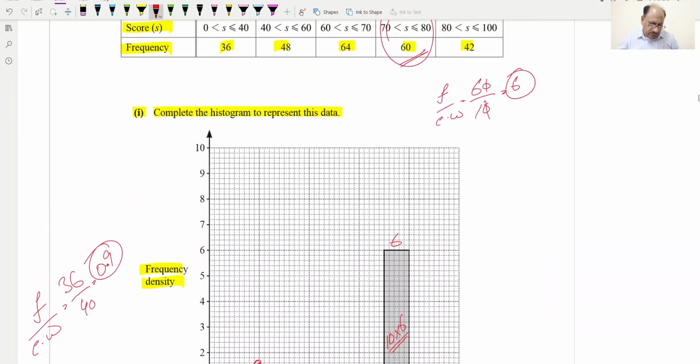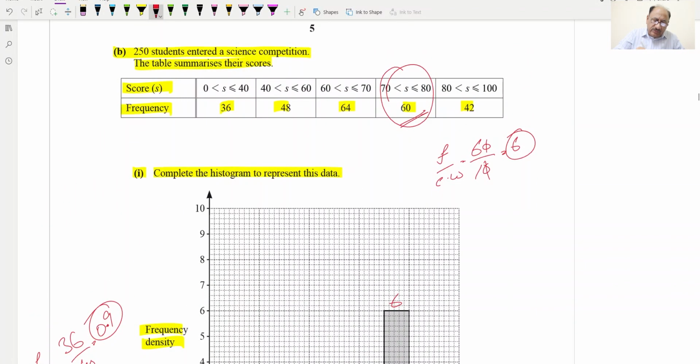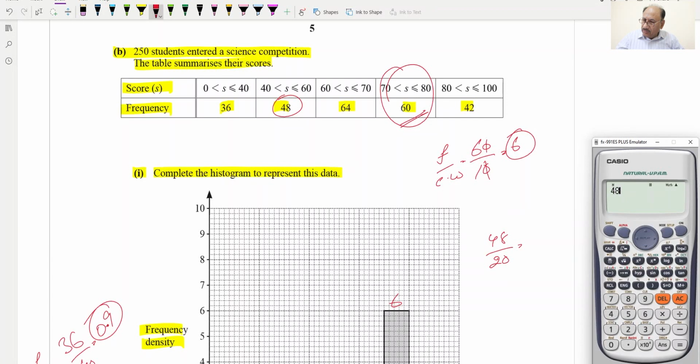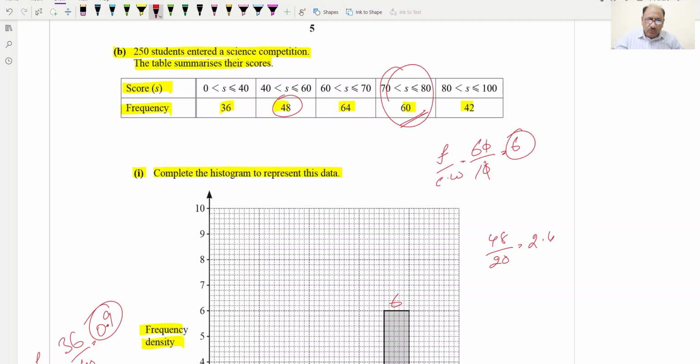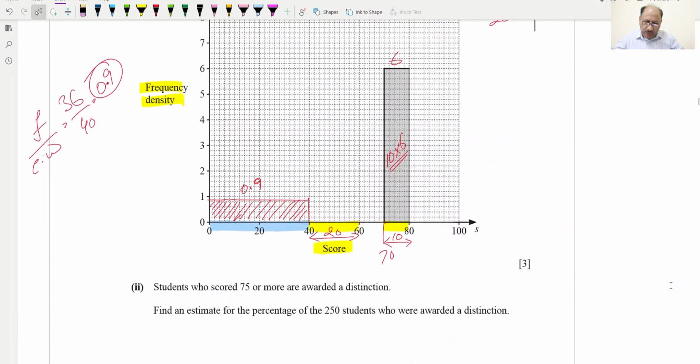So we divide the frequency: 48 divided by 20 is equal to 2.4. So we take the height as 2.4, which will be up to this height, and hopefully you are following each and everything.